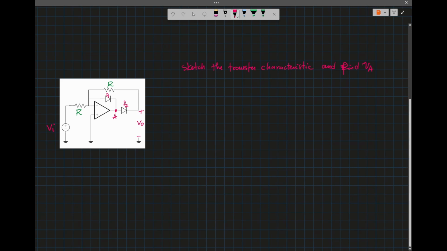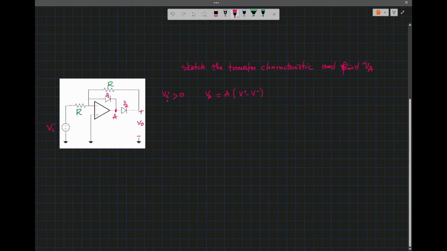Okay, so let's assume that V in, the input voltage, is positive. Right before the network starts working together, the open loop output voltage VA will be equal to the open loop gain times V plus minus V minus.